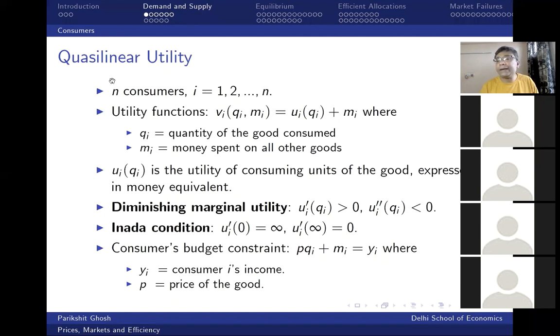Now, in the traditional, usual approach, we first start from the individual, okay? We study household decision-making or individual decision-making. An individual goes and buys various things from the market, right? Food items, clothing items, housing, and so on.